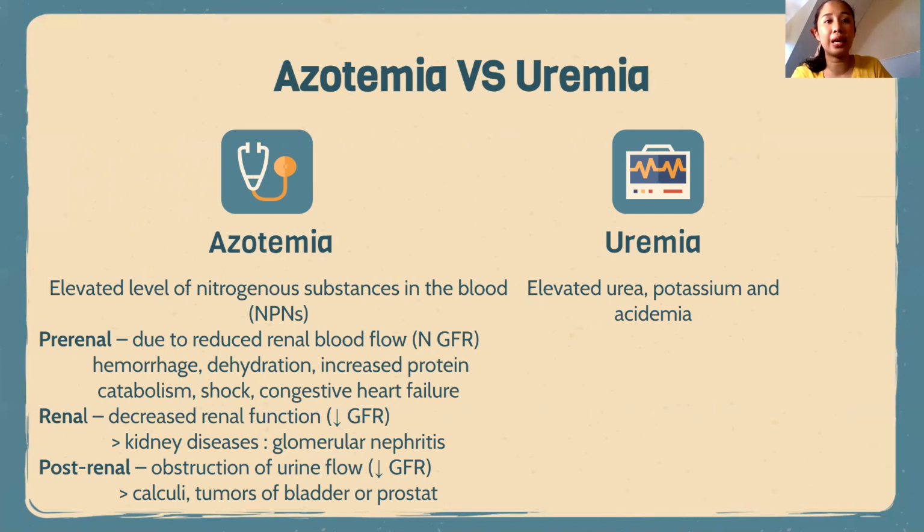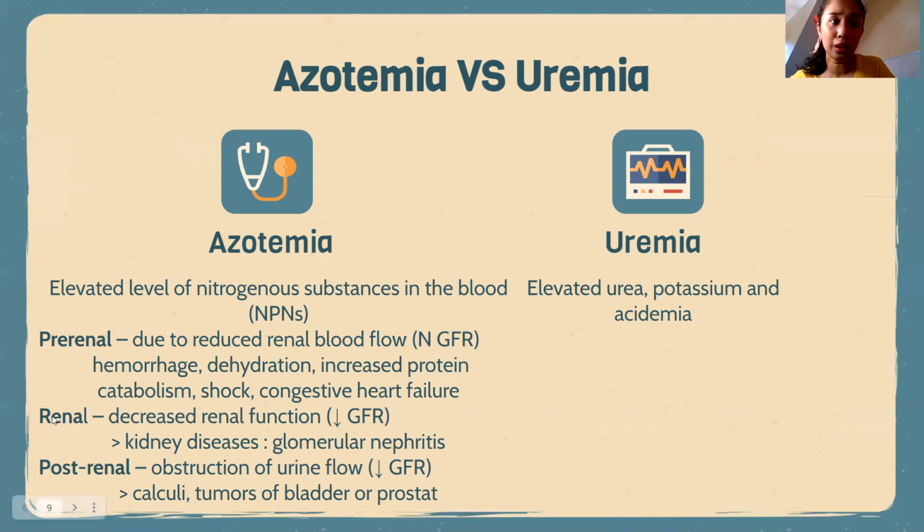Isn't it your NPNs are from the breakdown of protein? If there is shock, the patient is hypovolemic, or there is congestive heart failure, that's pre-renal azotemia. There's nothing wrong with the kidney, that's why expect a normal glomerular filtration rate. GFR is an assessment of your kidney function as well.